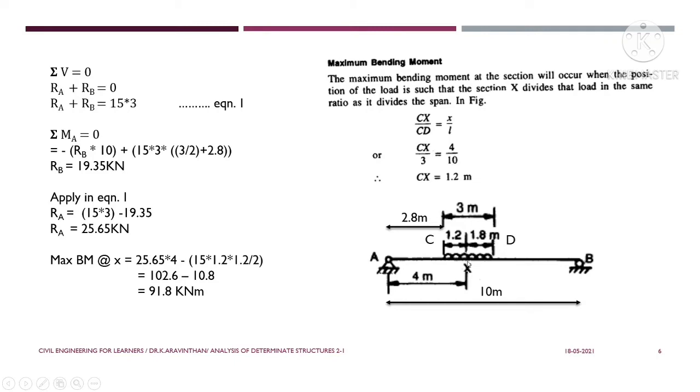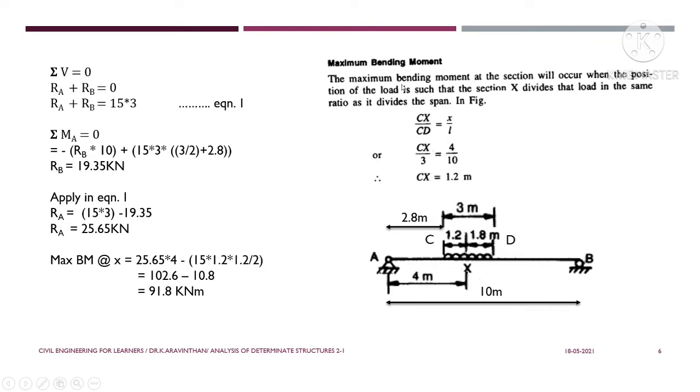This ratio should be equal to the span. The load has a span of 3 meter and your girder has a span of 10 meter. Your point of interest is 4 meter. So you have a ratio between 10 by 4 here, and the same ratio should be there in between the 3 meter and the position of the load.